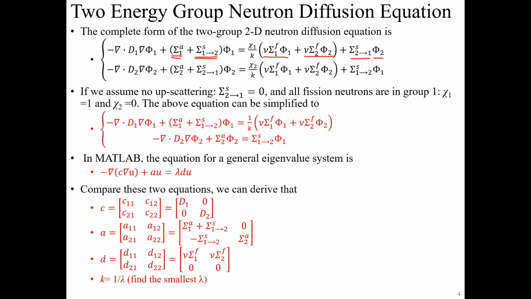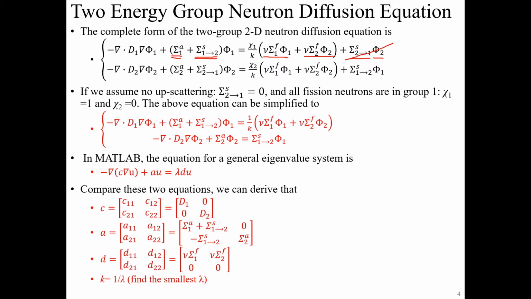Then, as mentioned in our previous slide, we can assume that there is no upscattering, meaning that sigma scattering from 2 to 1 will be 0. In that case, we are going to remove this term. We also assume that all fission neutrons are in group 1, so that we have chi1 equal to 1 and chi2 equal to 0.